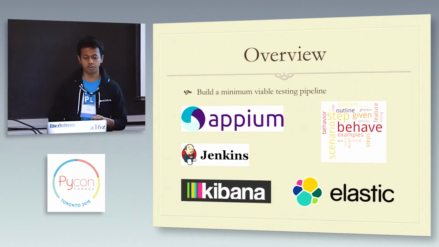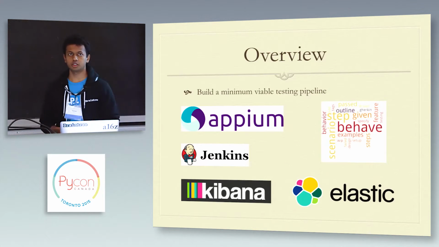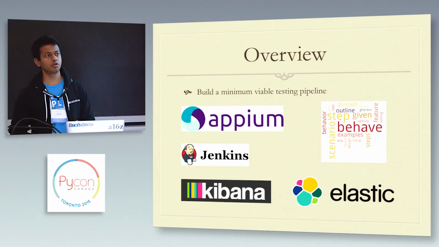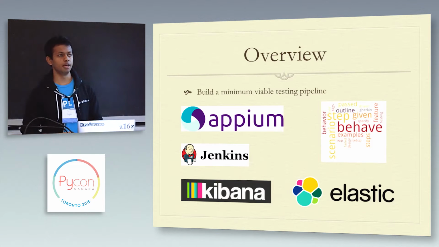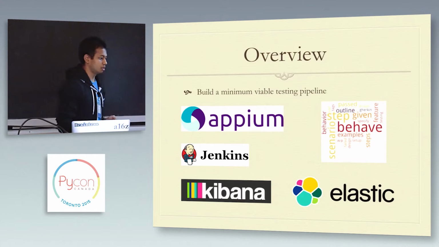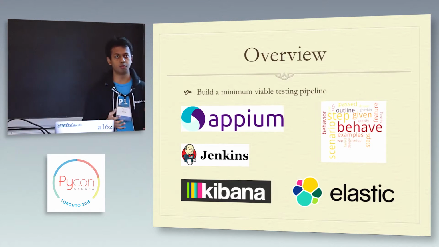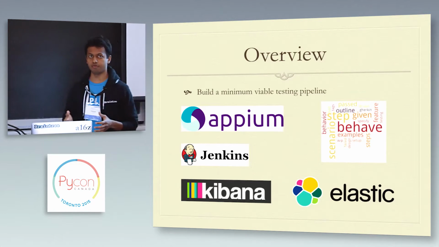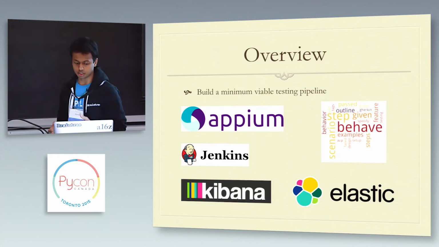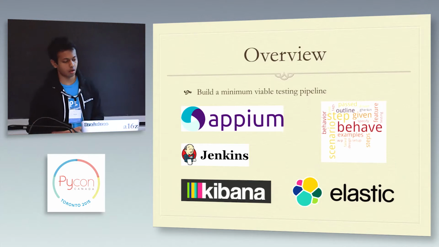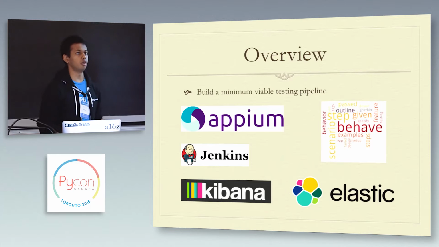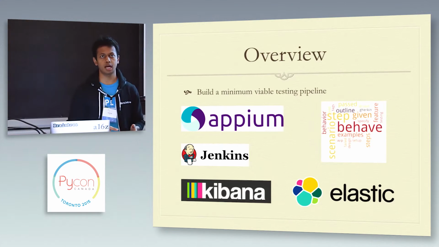Quick overview of today's talk. We're going to try and go through building a minimum viable version of the testing pipeline that we have running. And these are some of the tools that we are going to use. We're going to use Appium for automating an iOS app.